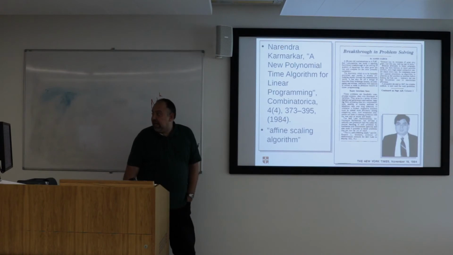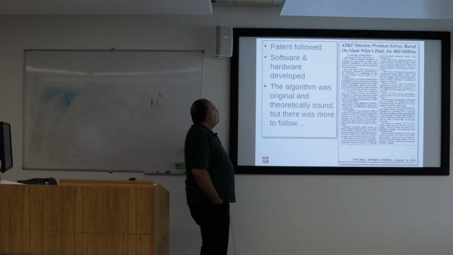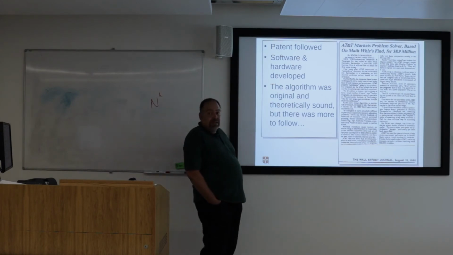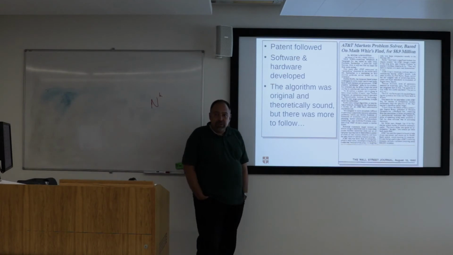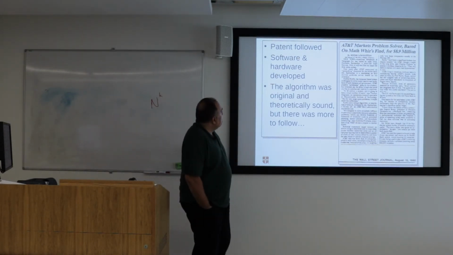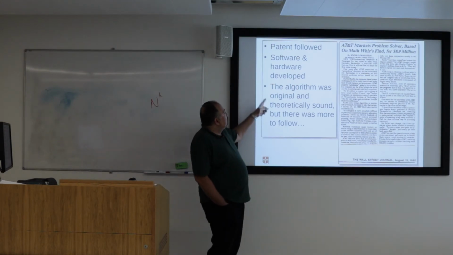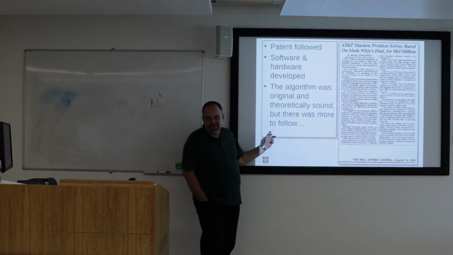But and then following this, AT&T created a patent, and software and hardware was developed to be sold together to solve large-scale linear programming problems. The algorithm was original and theoretically sound, but there was even more to follow.